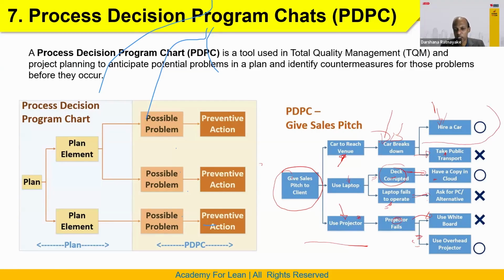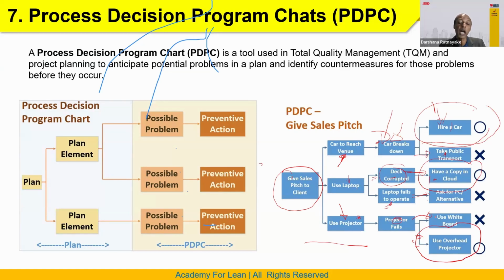Okay, if this can happen, therefore I hire a vehicle and I keep a presentation copy in the cloud, and I am ready to use an overhead projector. Then I go to that office, and if I face any of these problems, I have a solution before that.